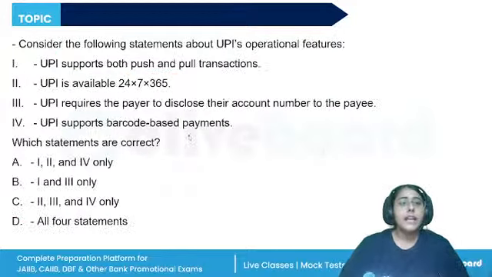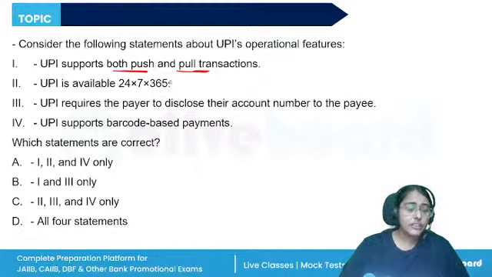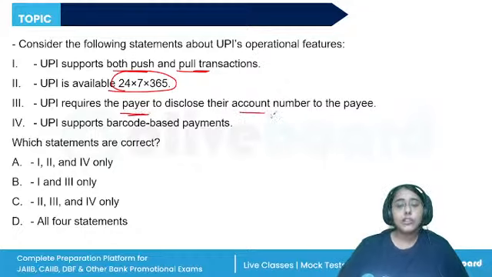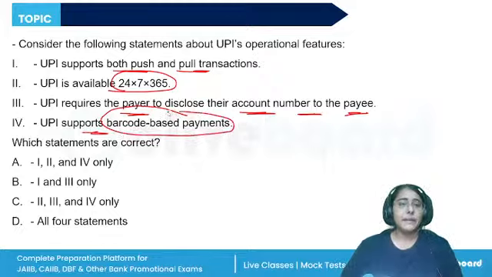All right. Consider the following statements about the UPI's operational features. UPI supports both push and pull transactions, available 24/7, 365 days. It requires the payer to disclose their account number to the payee. The UPI supports barcode based payment. It is available 24/7.